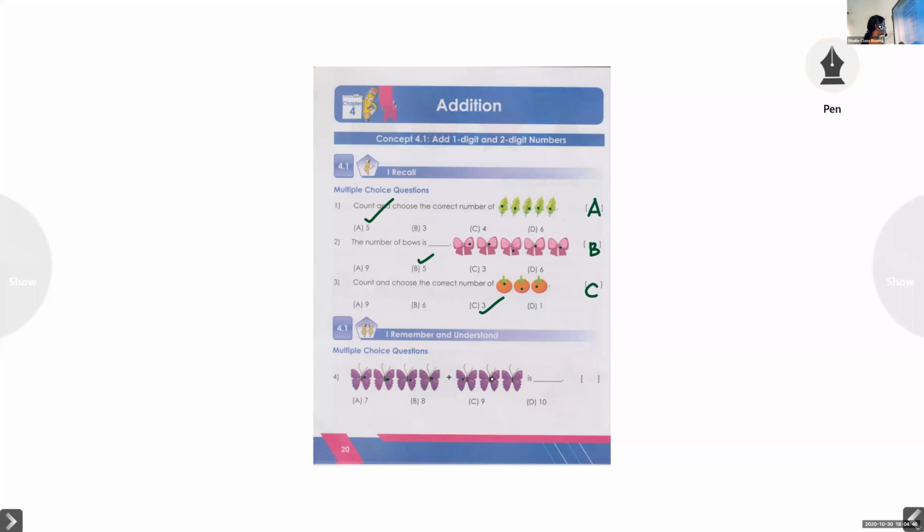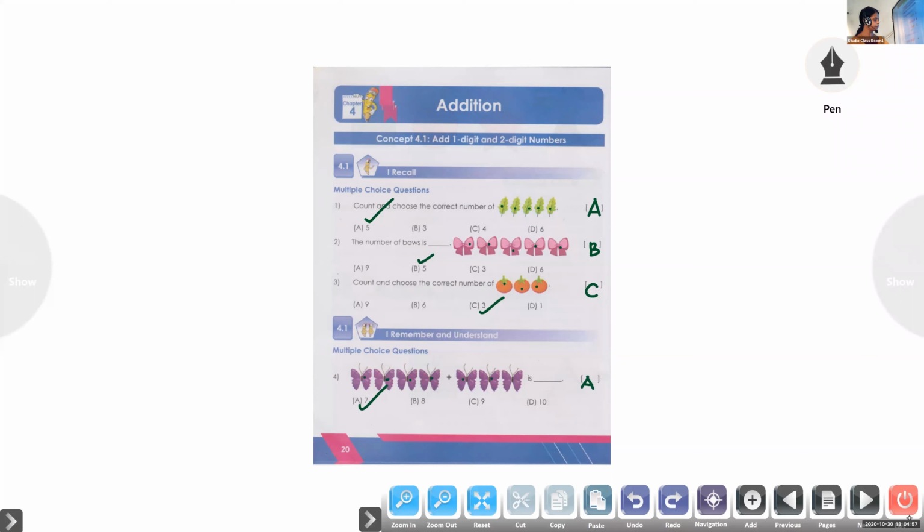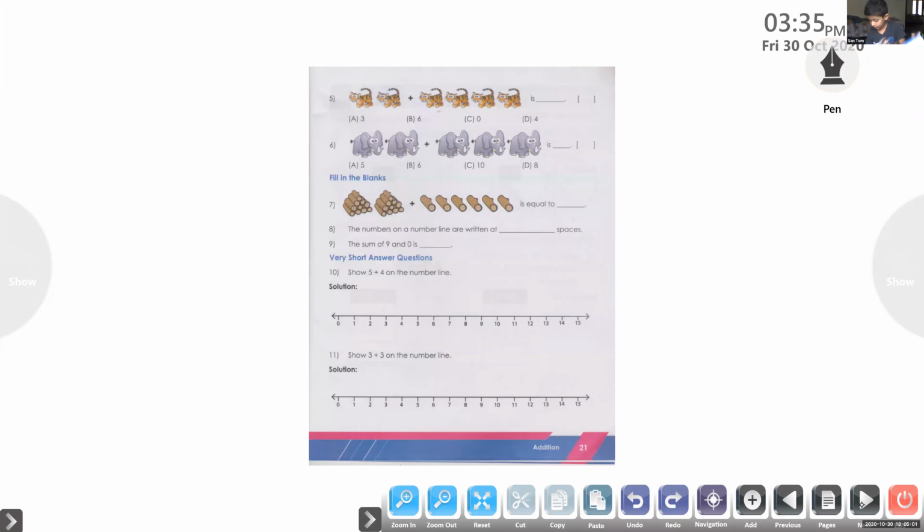A. So put tick mark for option A and write the letter A inside the brackets. And those who have completed, please take the next page. Page number 21.